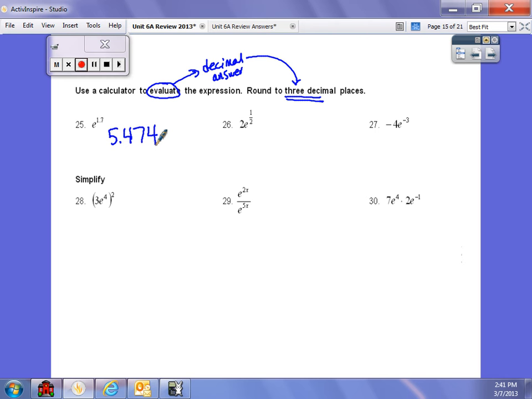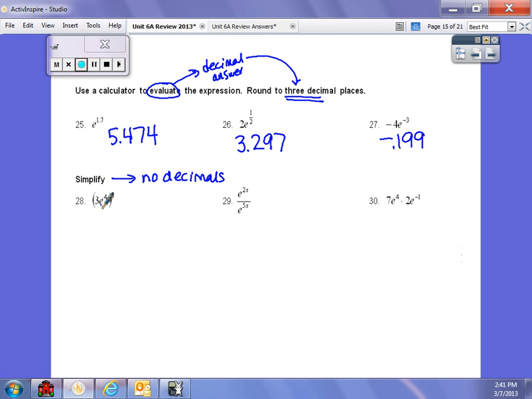That's going to be 3.297. And all of these you can just put in the calculator. And then negative 4 e to the negative 3 is negative 0.199.